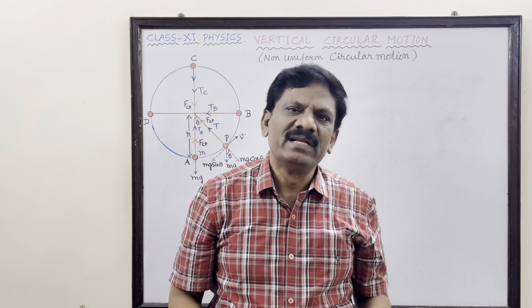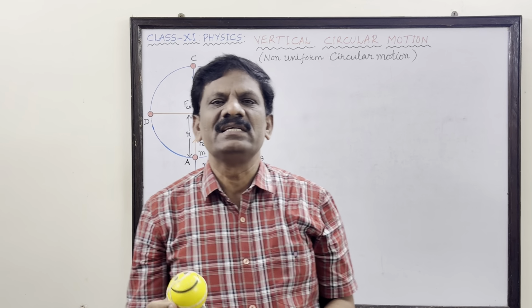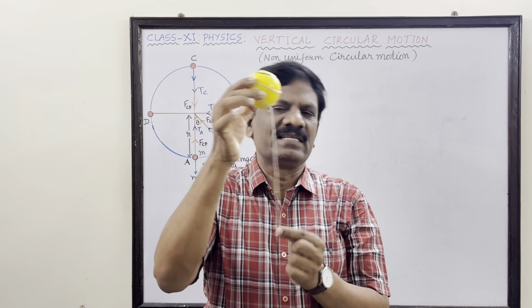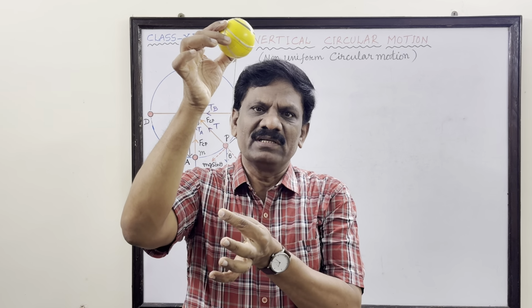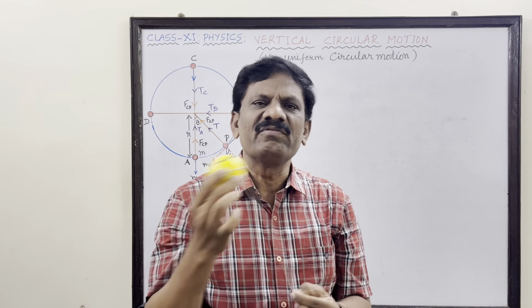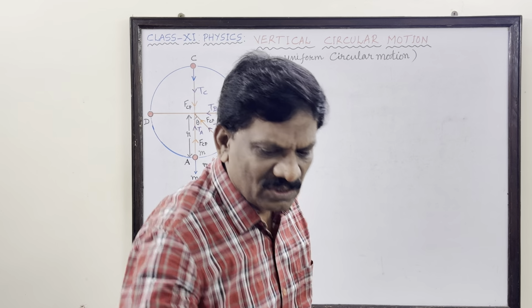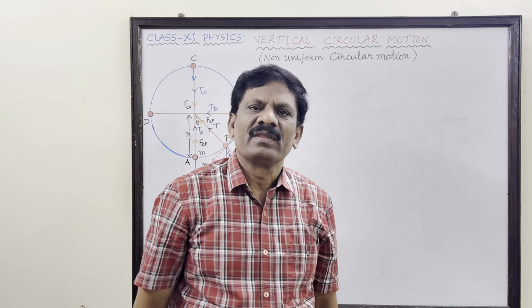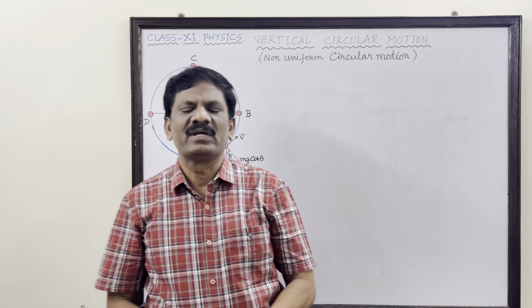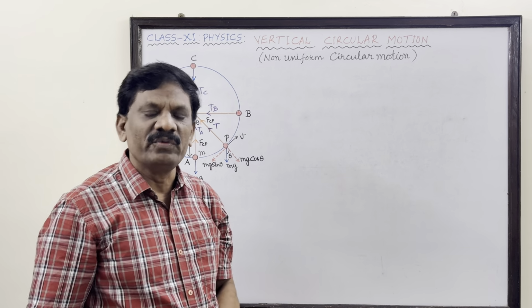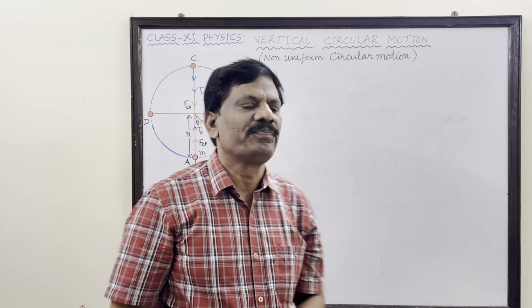So we are going to derive an expression for the critical velocity of this body revolving in a vertical circle at the highest position. And also the value of its velocity at two different positions we are going to derive. Since the velocity changes both in magnitude as well as direction, this circular motion is called non-uniform circular motion.